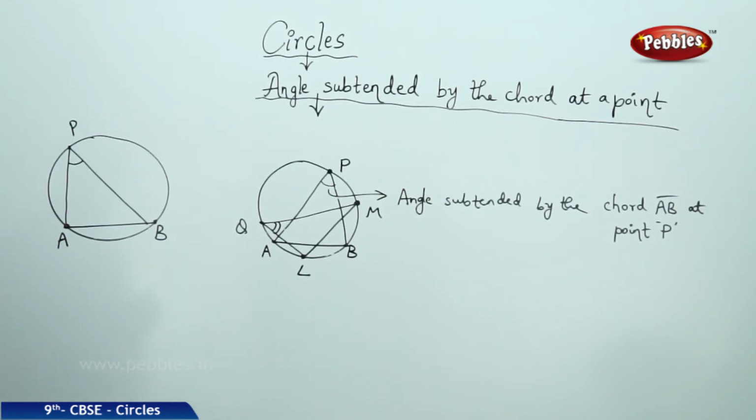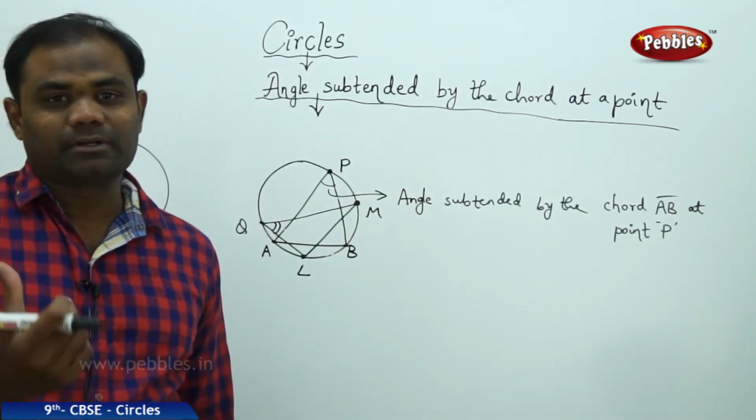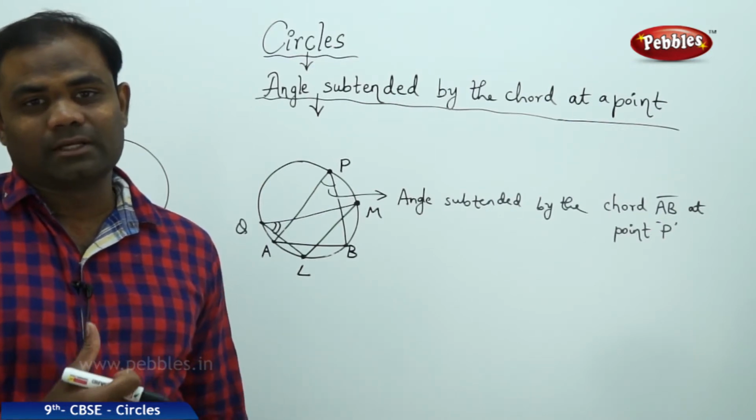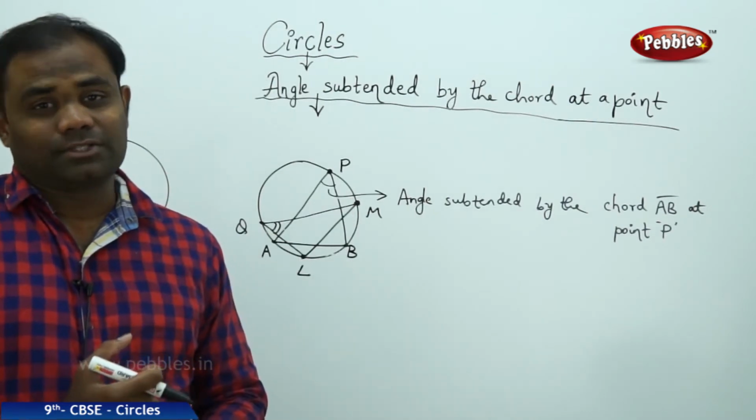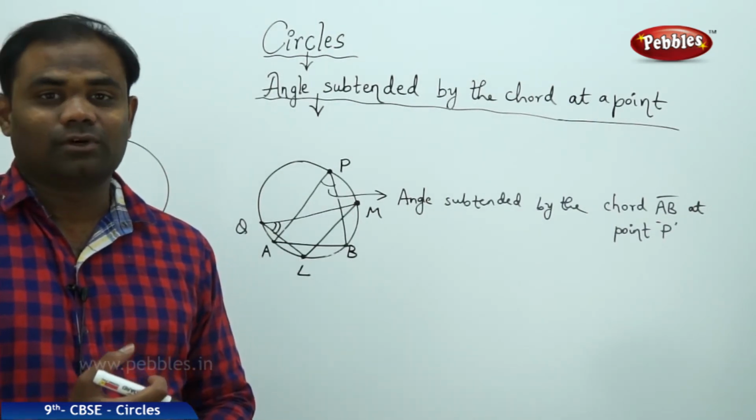So clearly I understand that the rule for the angle subtended by the chord at a point is that both the endpoints of the chord must subtend an angle, such that we get a subtended angle of the chord.